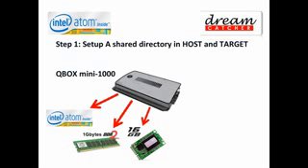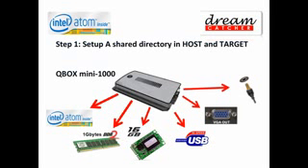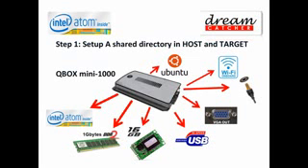For connection to the outside world, the Qbox Mini 1000 provides USB ports, a VGA port, an audio jack, and Wi-Fi connectivity. The operating system on the Qbox Mini 1000 is Ubuntu, which is a Linux operating system. We will use this operating system as part of our Billboard design.